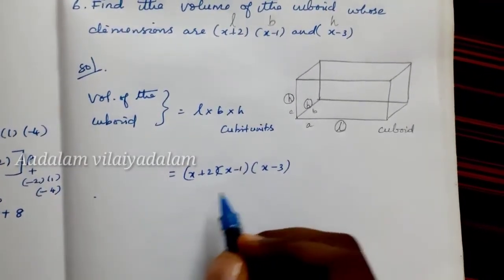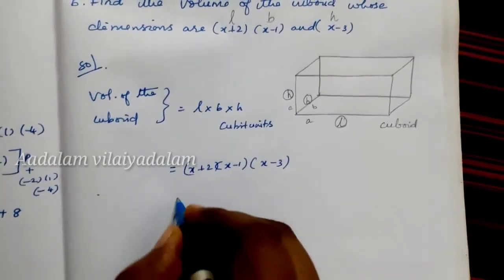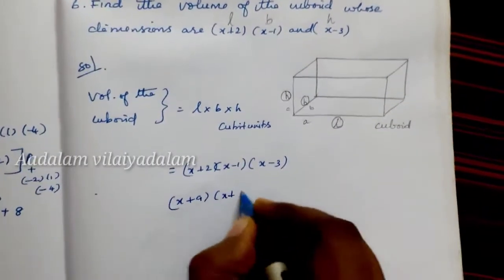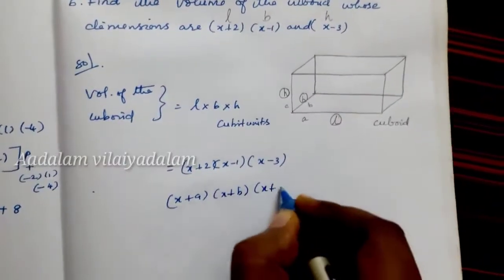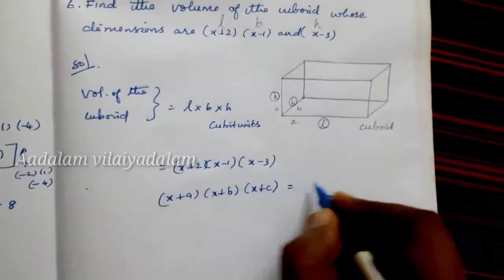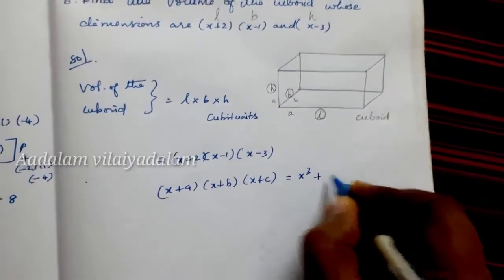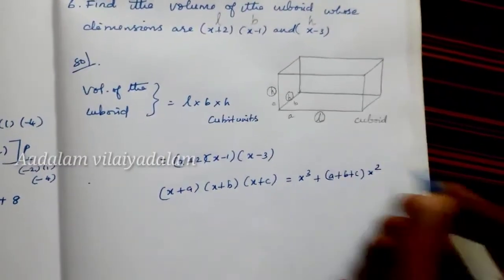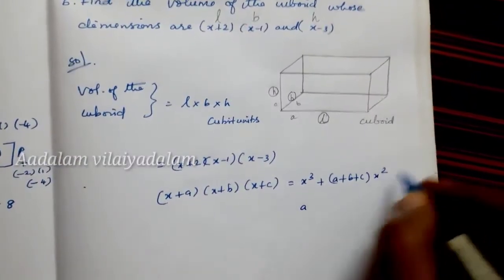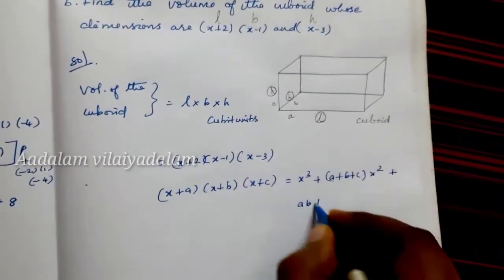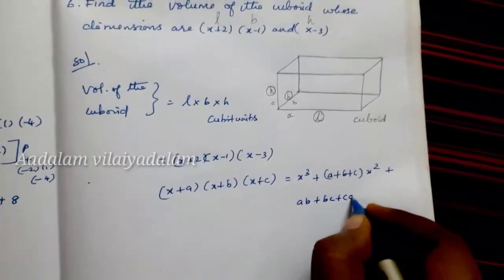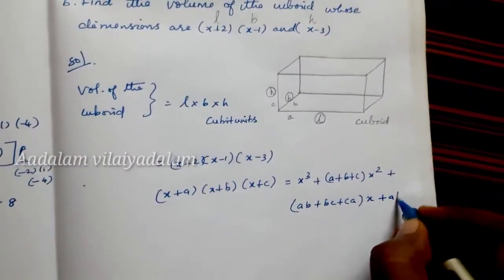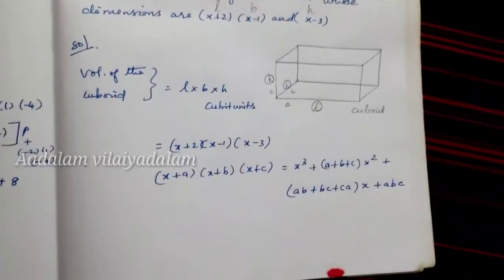So which has the suitable identity, that is (x + a)(x + b)(x + c) equals x^3 + (a + b + c)x^2 + (ab + bc + ca)x + abc.